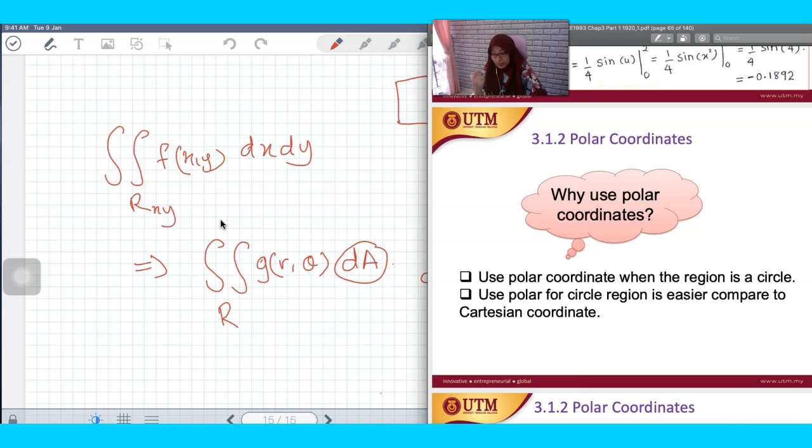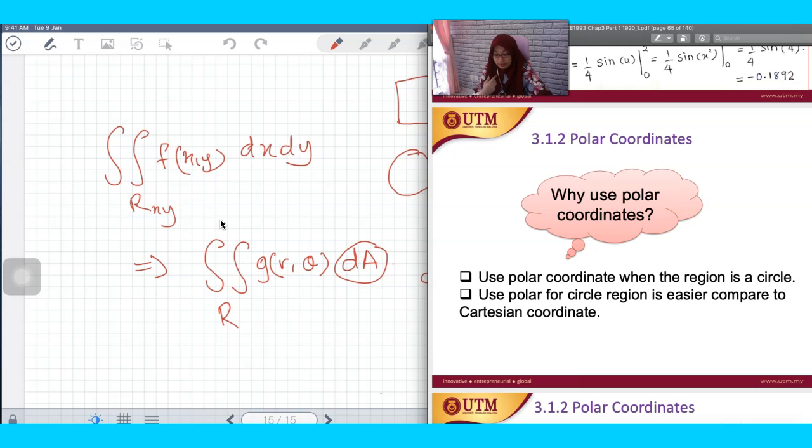You can see the circle, the triangle, and some shapes of region which are not a rectangle.